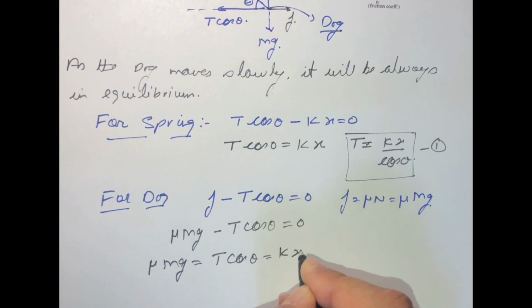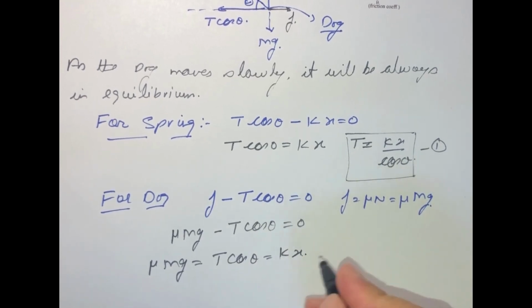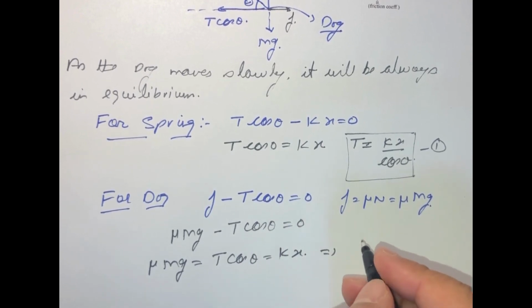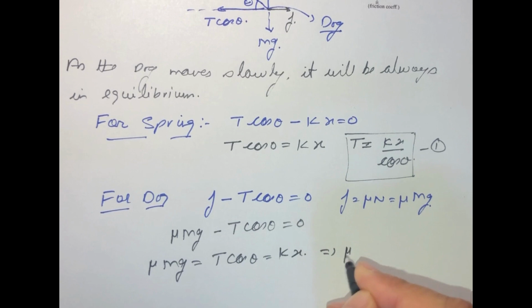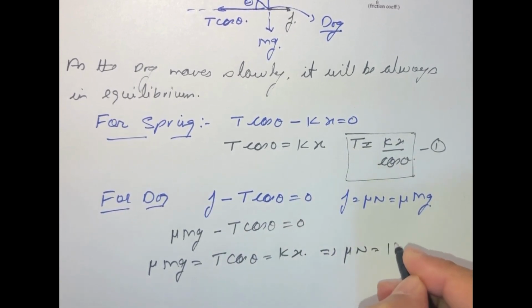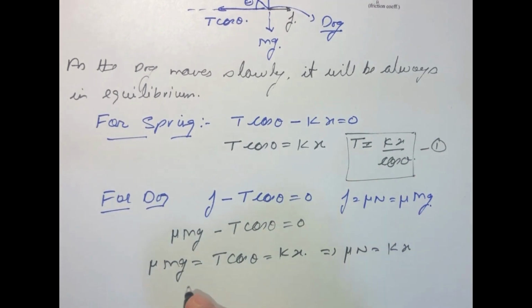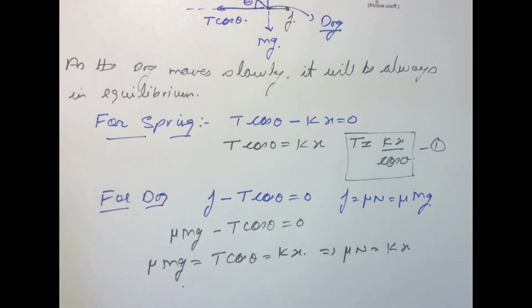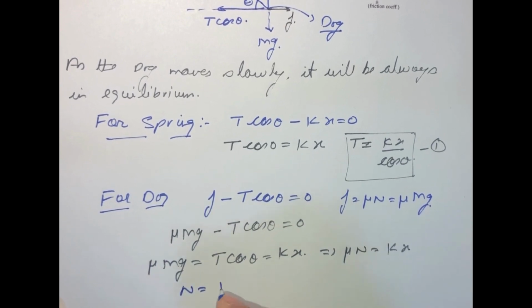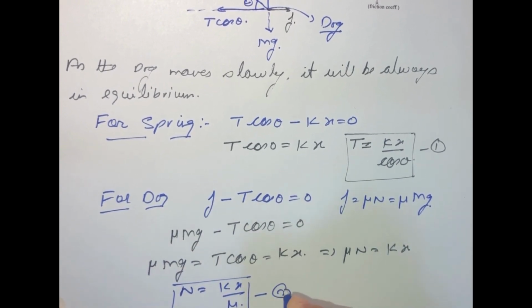So mu mg, which is mu n, will be equal to kx, and n will be equal to kx upon mu. Let this be equation number 2.